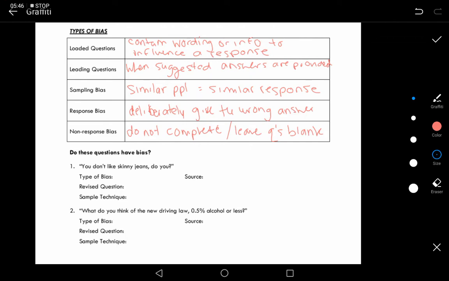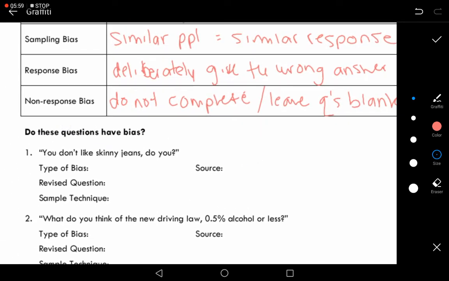Like, do you agree? It's not asking you what is your opinion on skinny jeans, or what are your favorite types of jeans. It's basically prompting you to say, oh no, I don't like skinny jeans. Skinny jeans are out. So the type of bias here is that it's a loaded question.